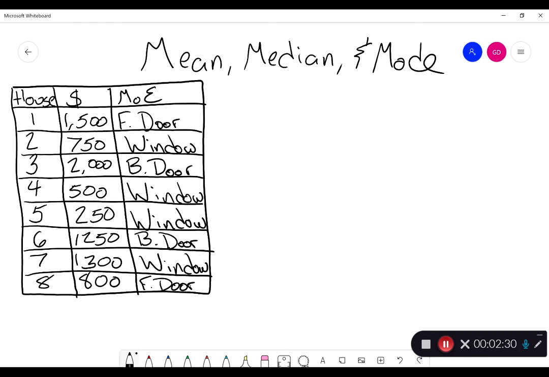So now that we have our data set, we have 2 different measures, and we know across 8 different households.